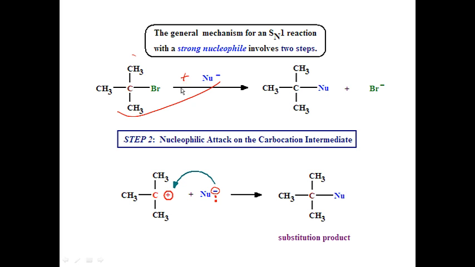So the way that they determined the rate equation for this reaction was they doubled the concentration of alkyl halide and saw what happened to the rate. They doubled the concentration of nucleophile while keeping the alkyl halide concentration constant and saw what happened to the rate. Well, in this case, if they doubled the concentration here, they got 2 times the rate. When they doubled the concentration of the nucleophile, they had the rate stay the same.